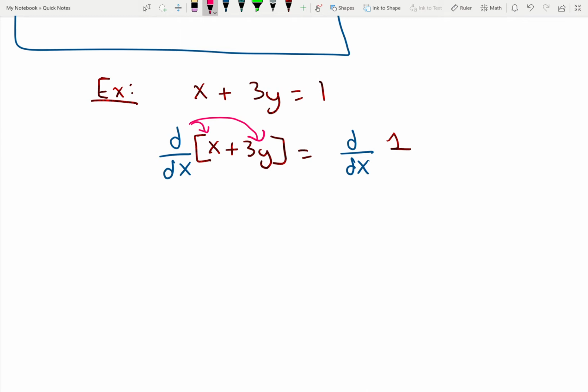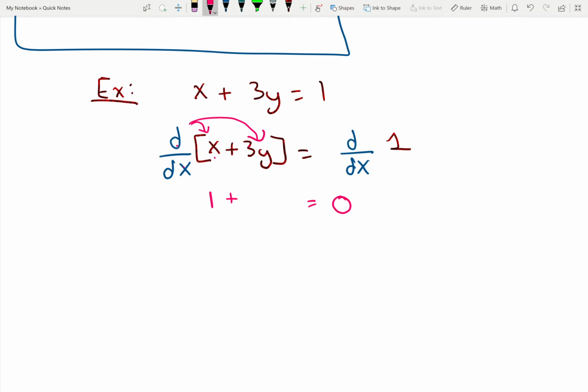Let's start with the right-hand side of the equal sign. The derivative of a constant is just 0, so that becomes 0. d dx of x is just 1. d dx of 3 times y, just pretend y is x.